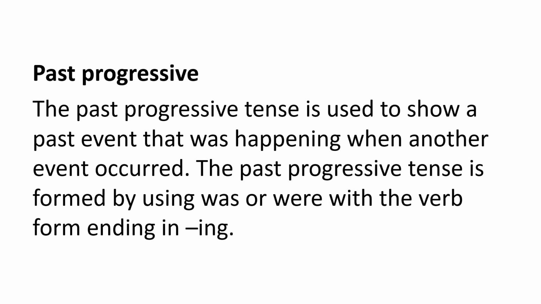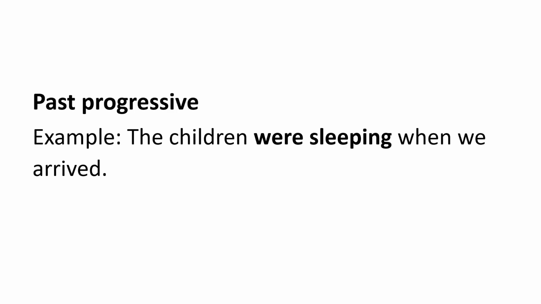The past progressive tense is used to show a past event that was happening when another event occurred. The past progressive tense is formed by using was or were with the verb form ending in ing. Example, the children were sleeping when we arrived.